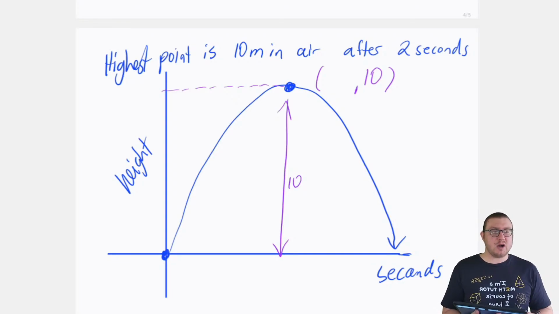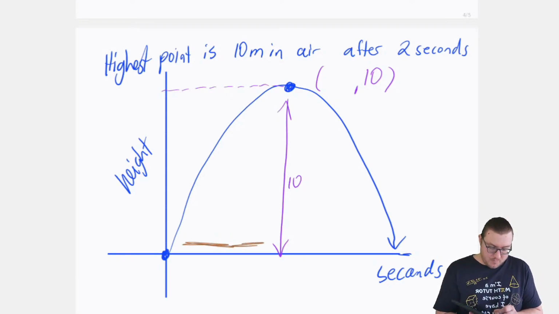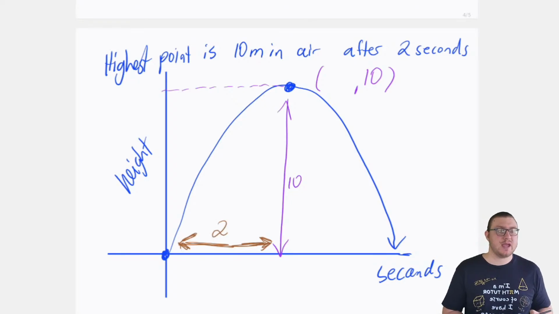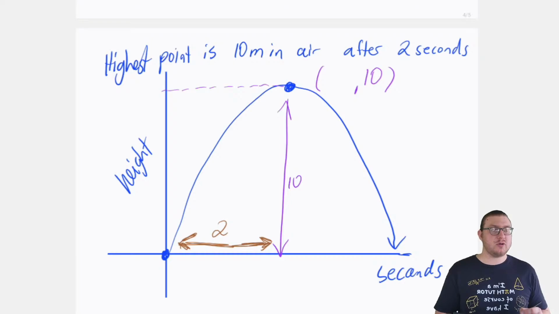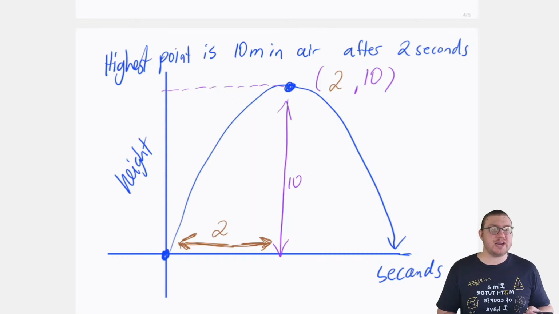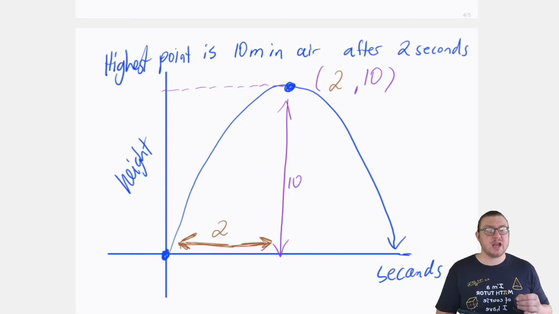How can we figure out what the width is, or the time component here? Well, we have been given that after 2 seconds, that means our x value is 2. Now we have the vertex coordinates, and we can easily, in one step, write down the equation of this quadratic just by knowing the coordinates.